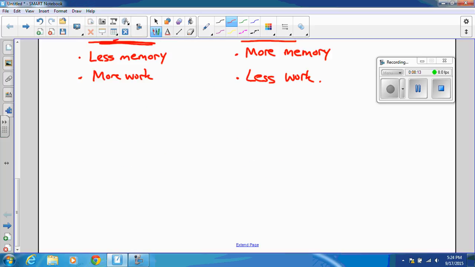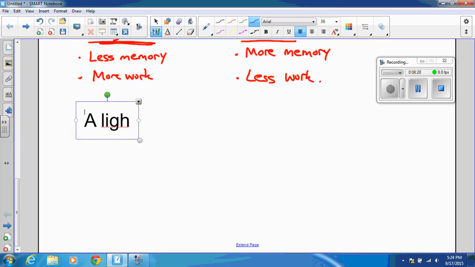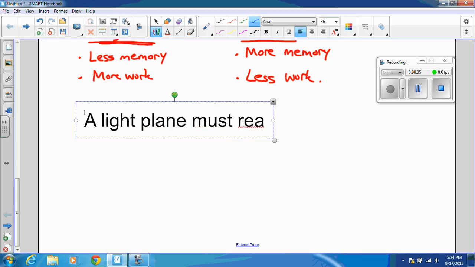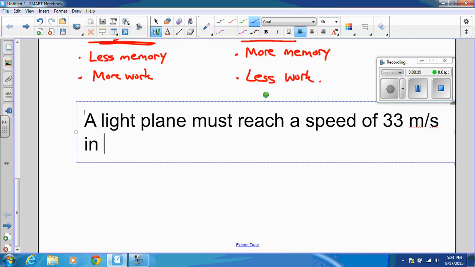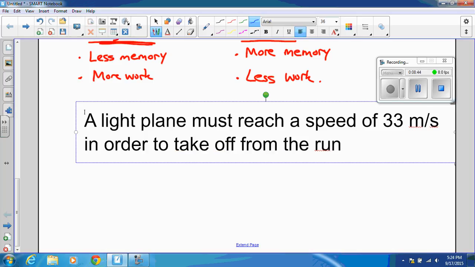But I want to demonstrate to you that these two new formulas really do involve less work. Let's go back to number 23, which we solved in class. In number 23, we have the problem: a light plane must reach a speed of 33 meters per second in order to take off from the runway.